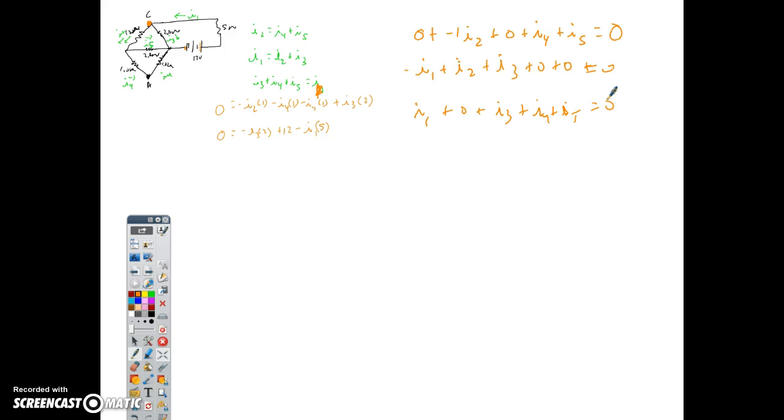Next one would be 0 minus I2 plus 2 I3s minus 2 I4s plus 0 equals 0. And the last one would be -12, -I3, 2 I3, 5 I1, plus 0, plus 0, plus 0. So that would be that way.